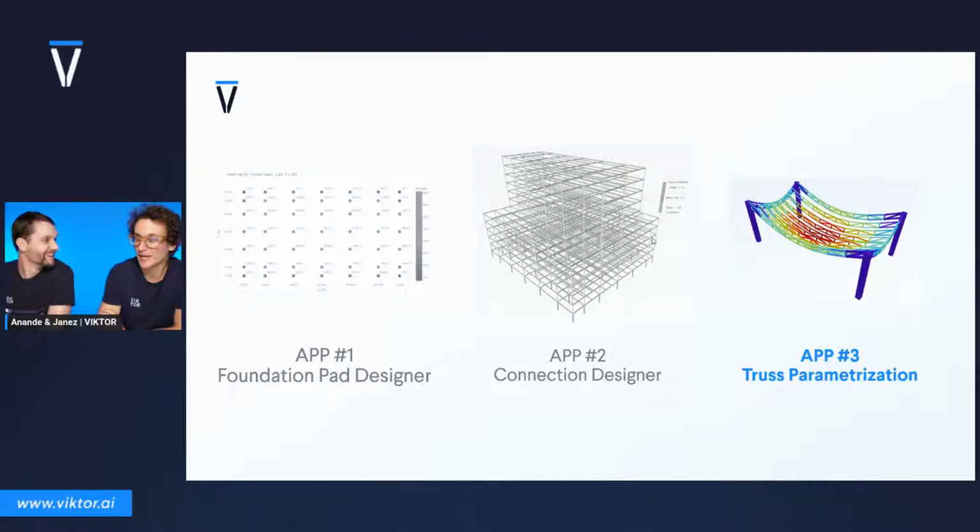Yeah, so the third app is actually the whole round trip of putting all the information within the VIKTOR application and then sending that information to an instance of ETABS that lives on a virtual machine, gets evaluated there, and then the results are sent back into our VIKTOR application. We can potentially go to the next slide as well.